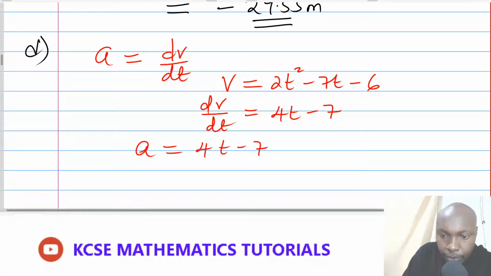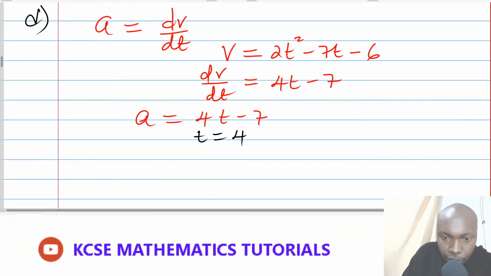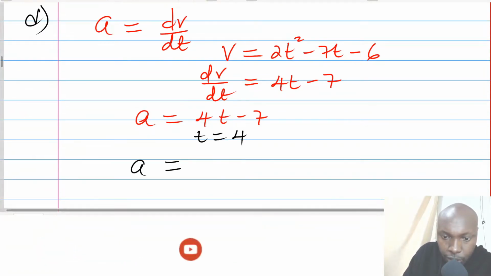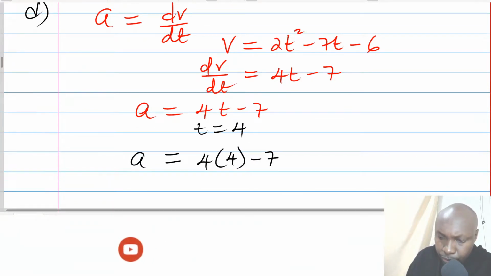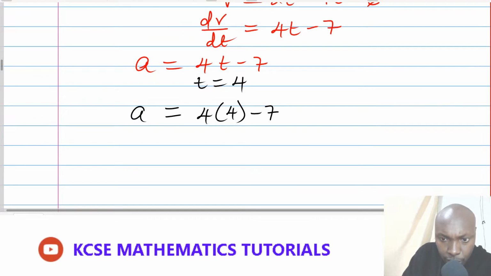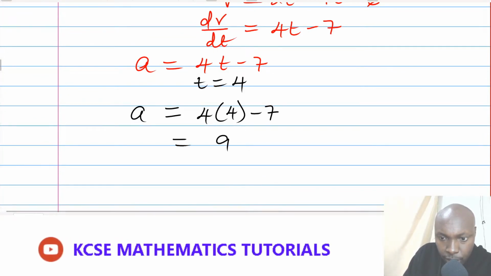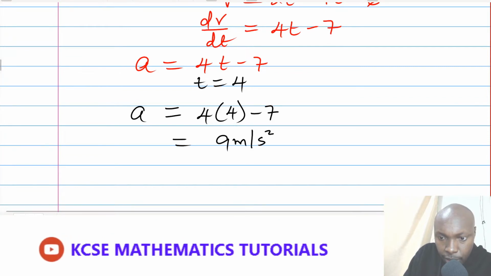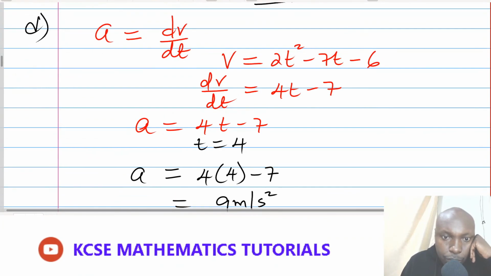So when t is equal to 4, acceleration will be 4 times 4 subtract 7, which is 16 minus 7, so this gives 9 meters per second squared. And that is how you are supposed to solve that question.